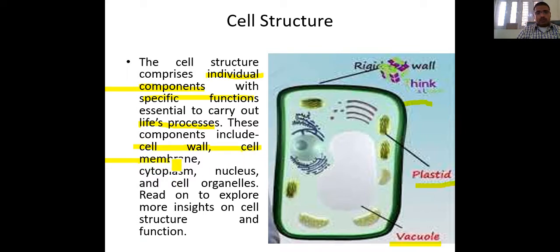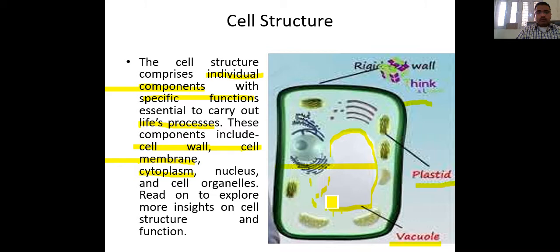There is another thing in the whole cell structure, which is in liquid form, and that liquid is basically the cytoplasm, and this is the nucleus we are talking about.